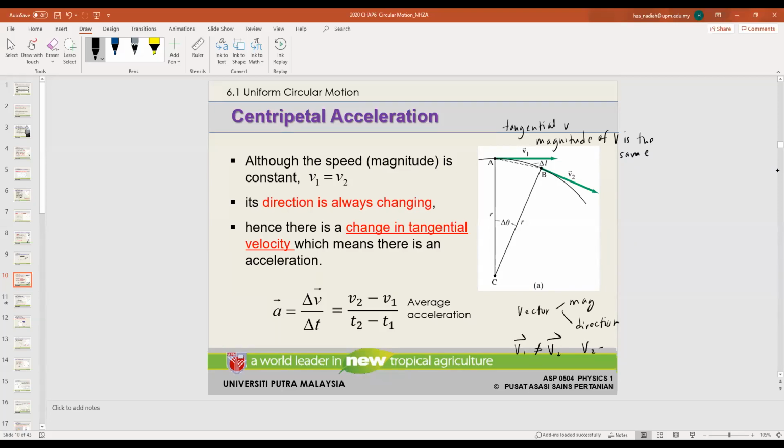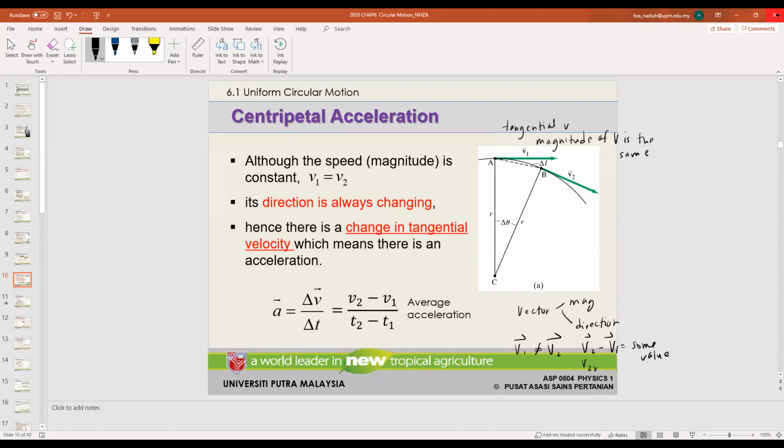If I were to subtract V1 from V2, I will get some value. It's not going to be 0, even though the magnitude is the same, because it's a vector. Why do I have some value even though the magnitude is the same? Because for me to subtract a vector, they must be in the same direction. And how do I get them in the same direction? I must resolve them.